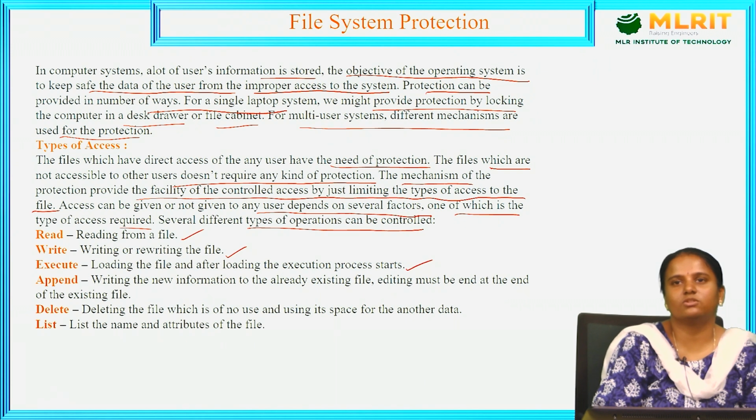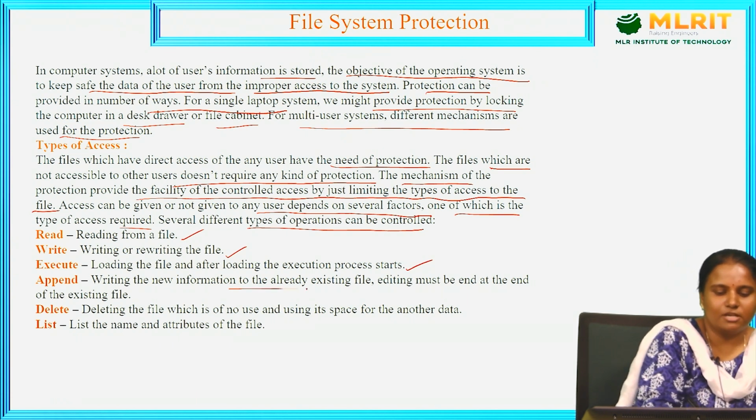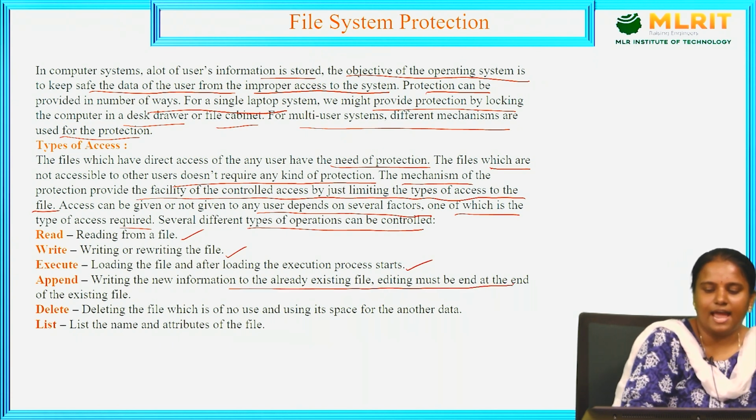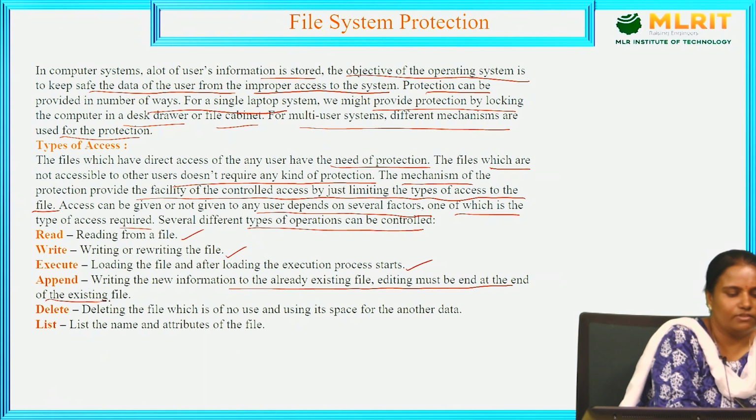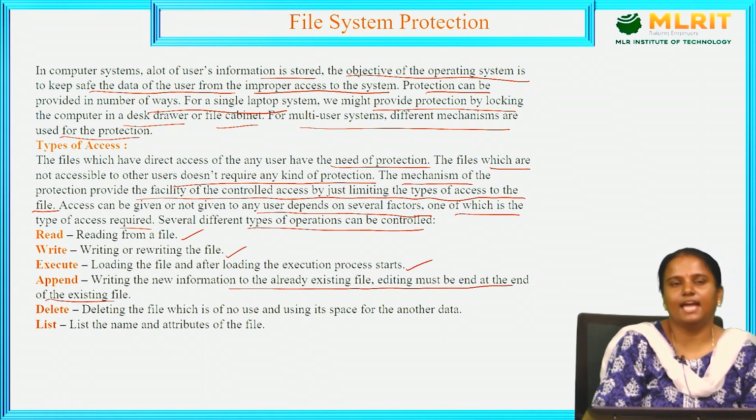Until you complete the writing or loading, the program doesn't start its execution. Next, append. Writing new information to an already existing file. Editing must be done at the end of the existing file.